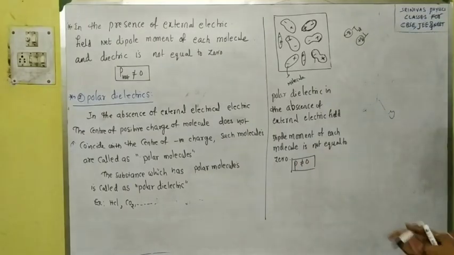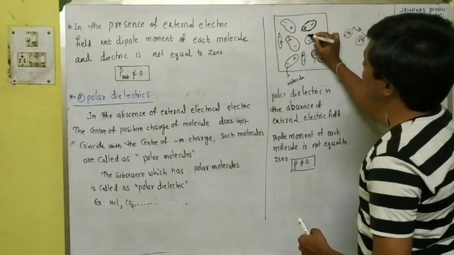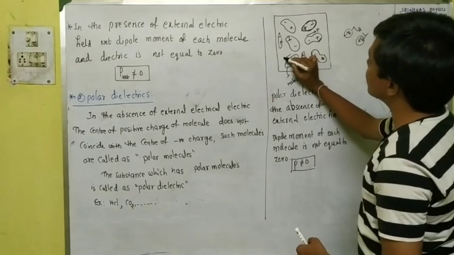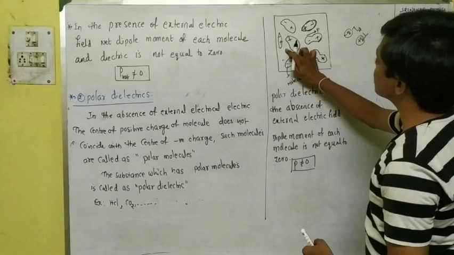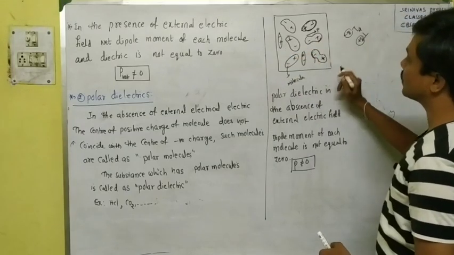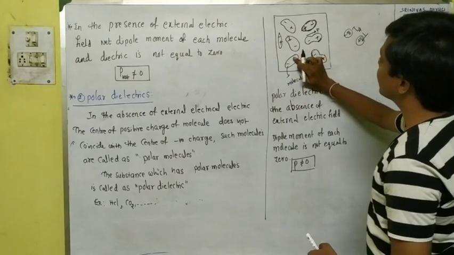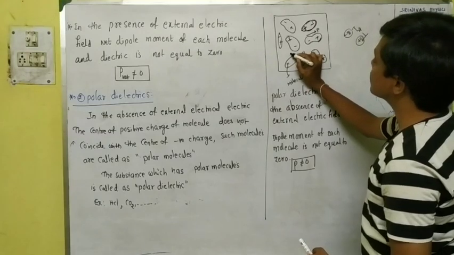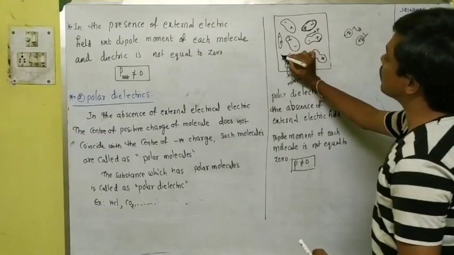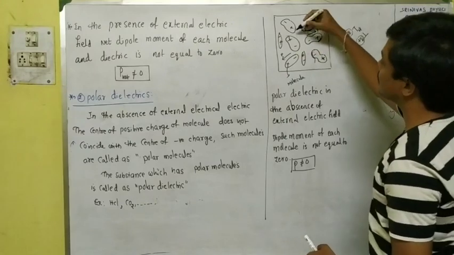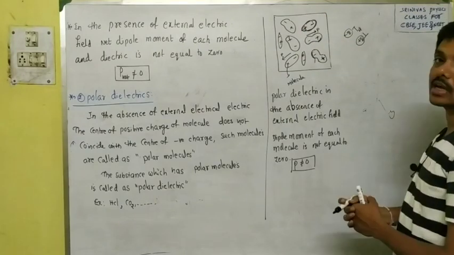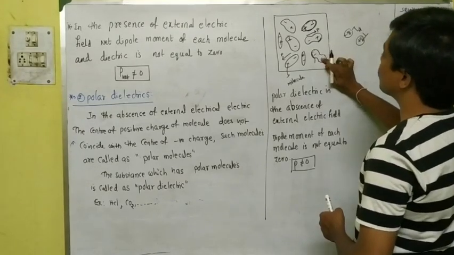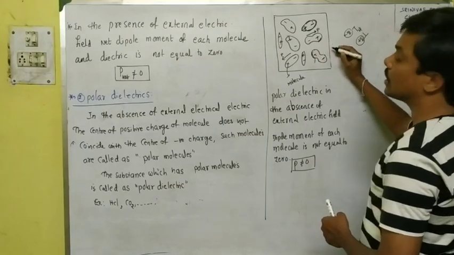But if the dipole moment direction for this molecule is to the right side, for another molecule it is to the left side, minus to plus, and some other molecule we will take here, minus and plus, like this. This molecule and this molecule have dipole moments in opposite directions, and this molecule and this molecule have dipole moments in opposite directions. Like this, one dipole moment is cancelled by the other dipole moments.